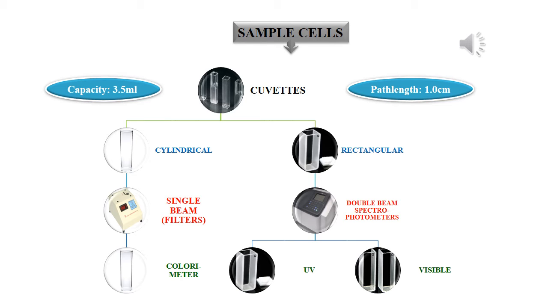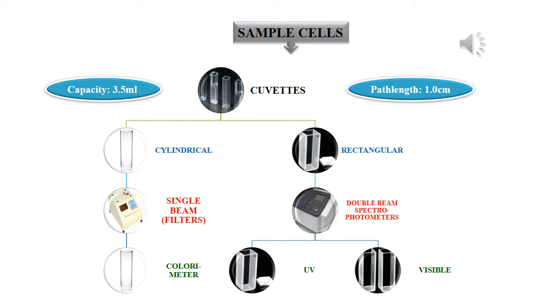Next part of the instrument is the sample cell. It is called a cuvette, and there are two types of cuvettes available for a UV visible spectrophotometer, based on shape: cylindrical and rectangular. Cylindrical cuvettes appear like test tubes. They are used in filter type instruments. An example is the calorimeter, where you should have used cylindrical cuvettes.